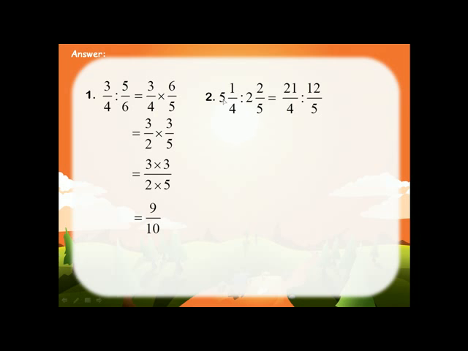We transform it by 5 times 4 plus 1, which is 21/4, and then 2 times 5 plus 2, which is 12/5. Okay, good. After that we reverse the divider: 12/5 becomes 5/12, and the operation becomes multiplication.